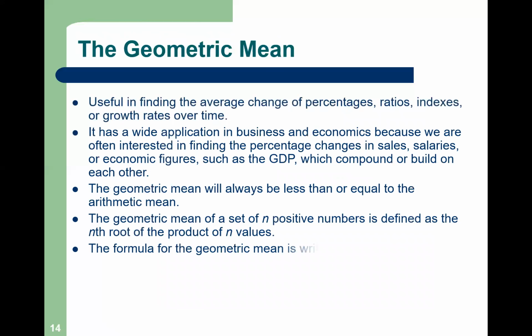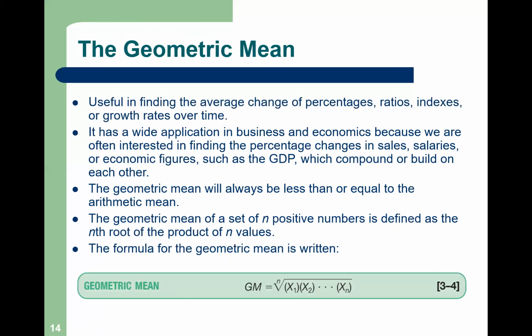Another important measure of mean is the geometric mean. It is very useful when we need to find the average change of percentages, ratios, indexes, or growth rate over a period of time.